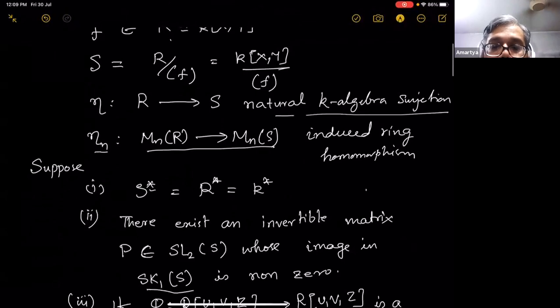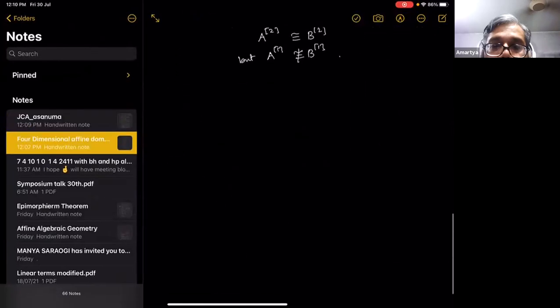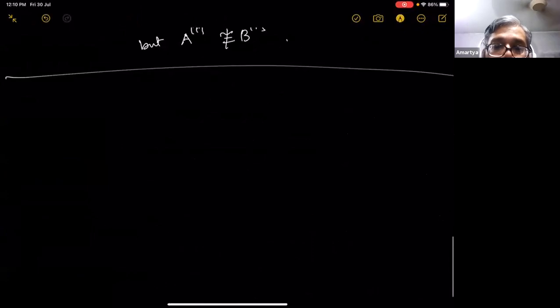So I should better define what is SK1. So just let me go back. We are all familiar with SL_n(R) for any ring R and an integer n greater than or equal to 1.